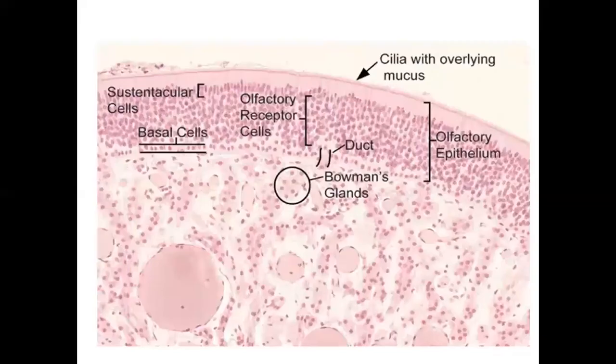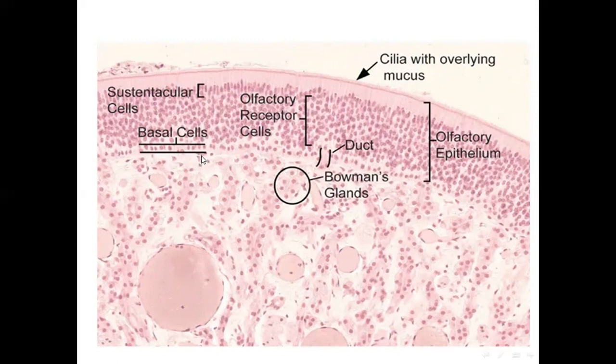We said all of the nasal cavity is lined by respiratory epithelium, while this olfactory region is lined by a specific epithelium called olfactory epithelium. This olfactory epithelium is also underlain by lamina propria.